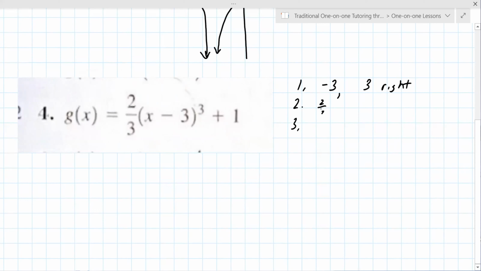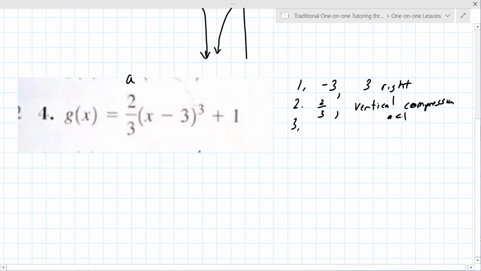The 2/3 out in front is a vertical compression, because the number is less than 1; this is a, and a is less than 1. And then the +1 on the outside is a vertical shift up 1.